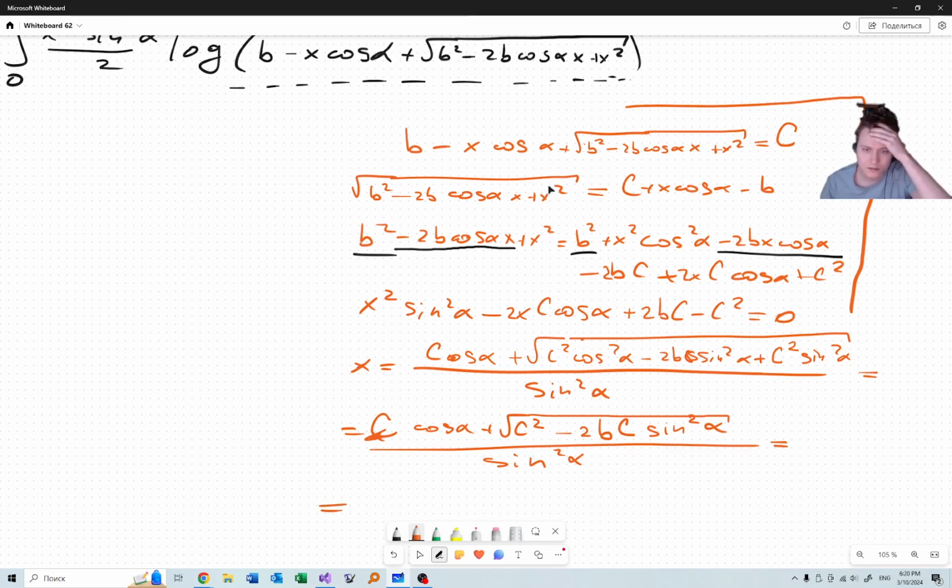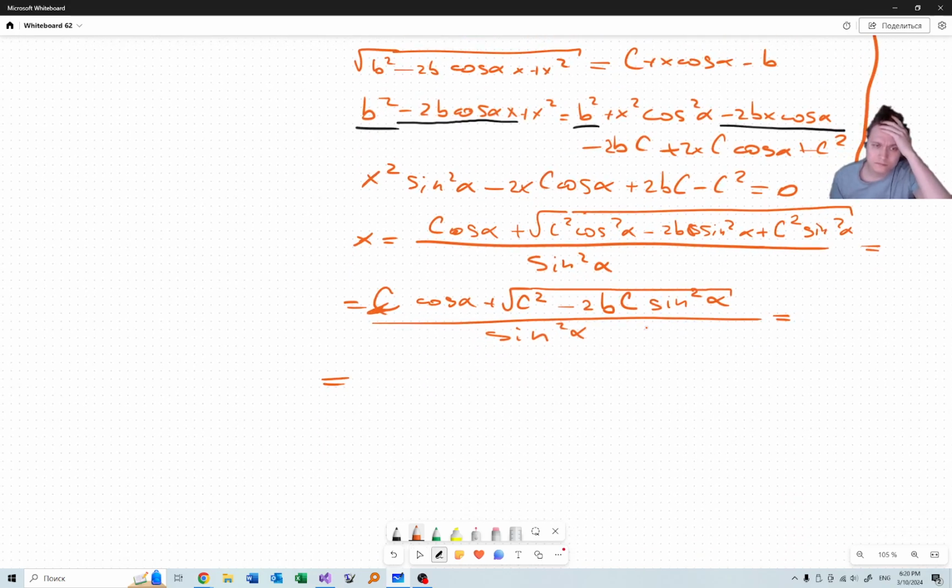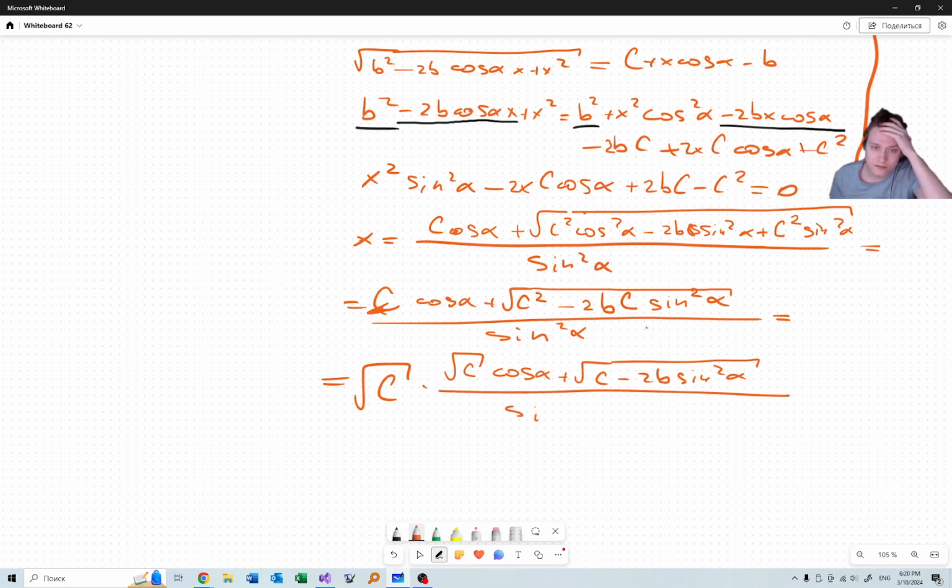Good. So let's write like this. Square root of c times square root of c cos alpha plus square root of c minus 2b sine squared alpha over sine squared alpha.